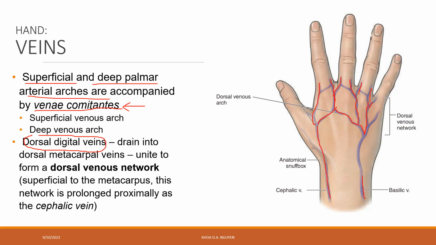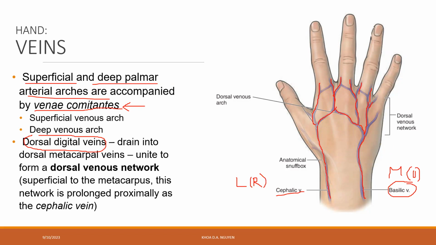This vein here and this vein here. And these two veins are the basilic vein on the medial side or the ulnar side, okay, of the hand, and then the cephalic vein, which is on the radial side, okay, or the lateral side, okay, of the hand.